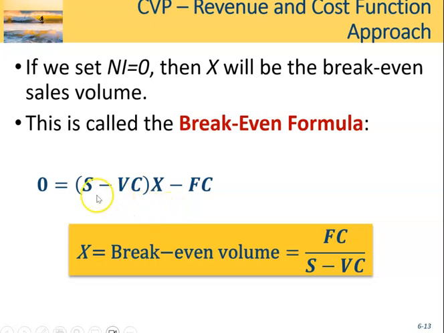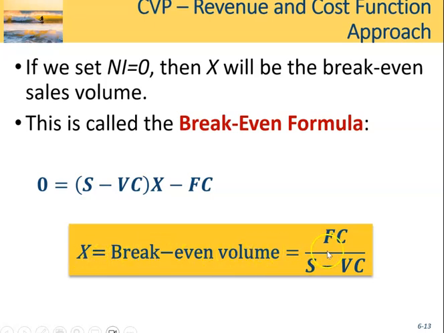But the reason we do it this way and we take the X out of it and just have S minus VC is because we can solve for X, which is our break-even volume. We want to know how many we can sell by taking that equation and changing it around to isolate X by itself.